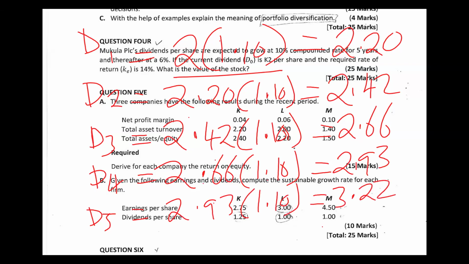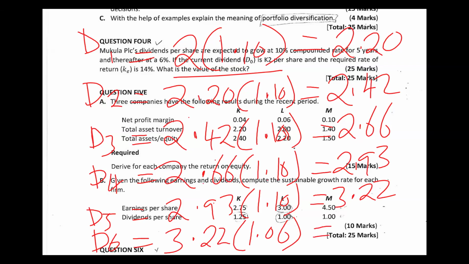Now, in the 60th year, before we find the terminal value, remember, in this year we're going to grow this at 6% now. 3.22 multiplied by 1.06. Obviously, you now know where the 0.06 is coming from: 6 divided by 100 is 0.06, and you add that.